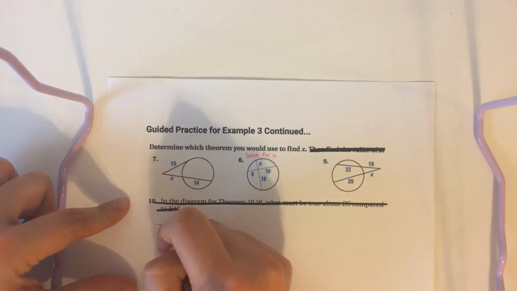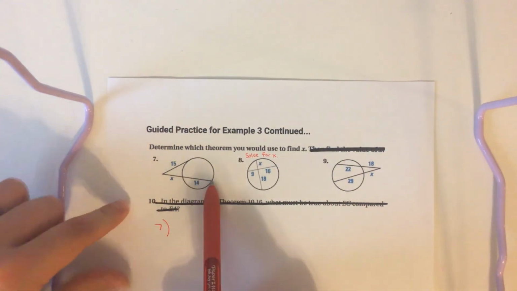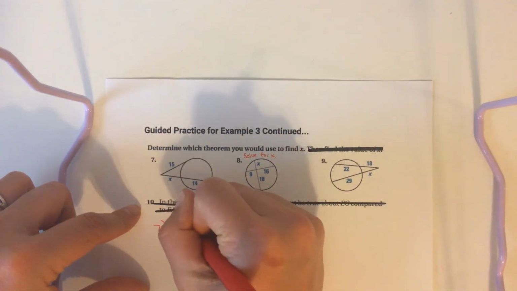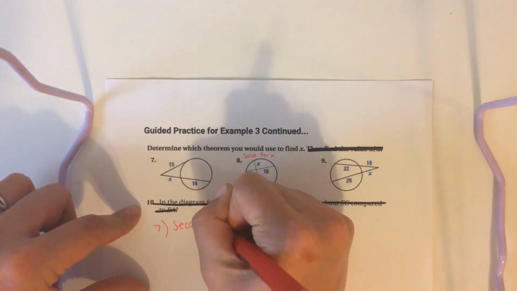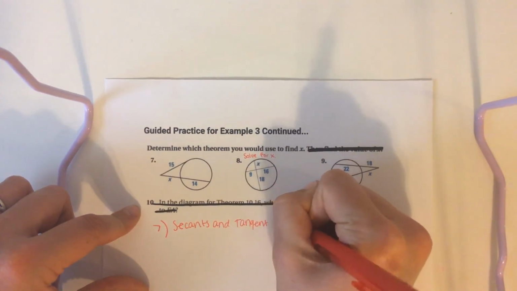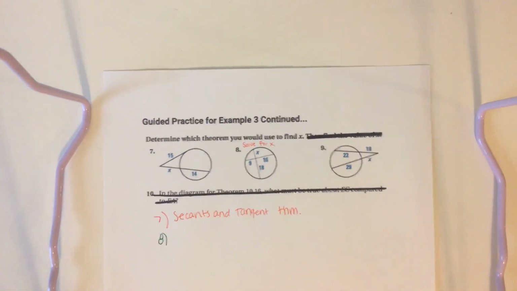Okay, so number 7 looks like we have a tangent and a secant, so that is going to be the secant and tangent theorem. And if you would have solved for x, it would have involved more quadratic formula, so that's why we're not doing it. Number 8, we have 2 chords intersecting inside the circle.